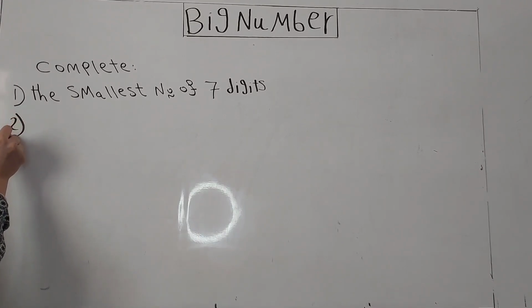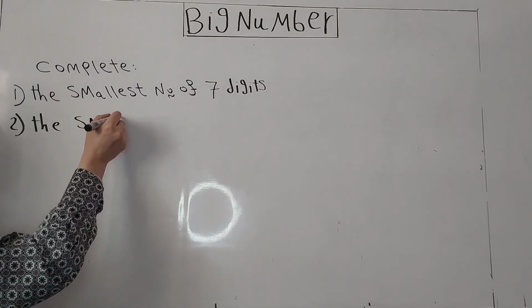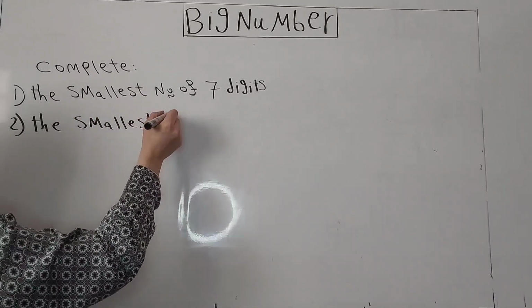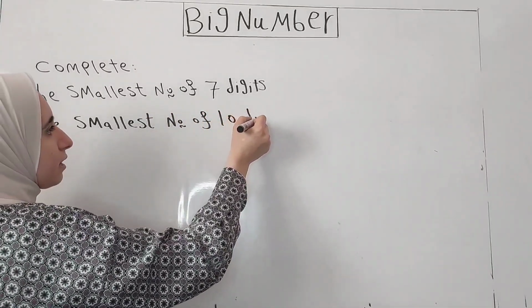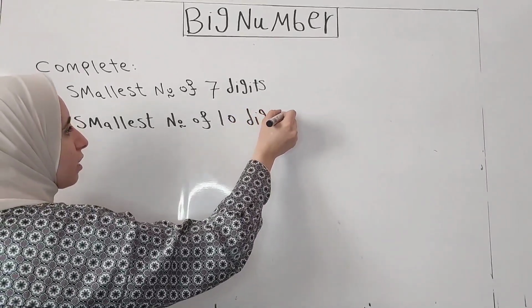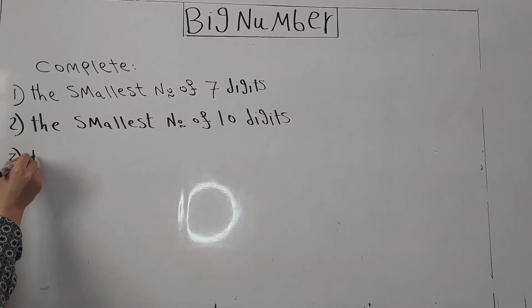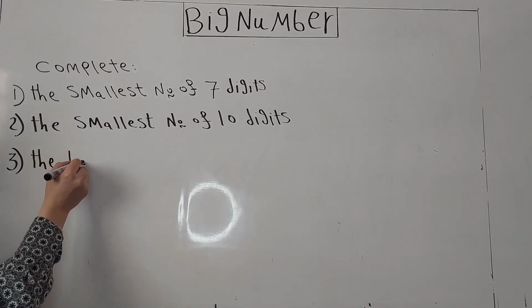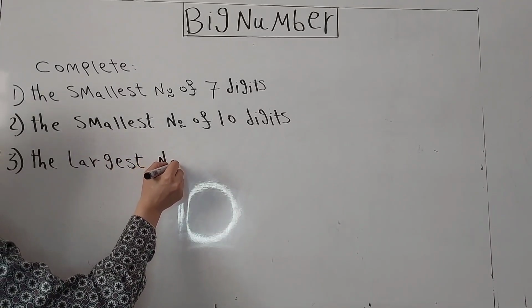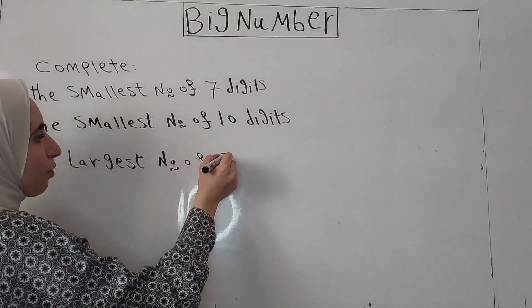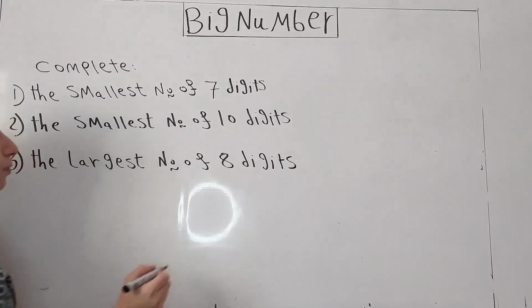The second one, the smallest number of 10 digits. The third one, the largest number of 8 digits.